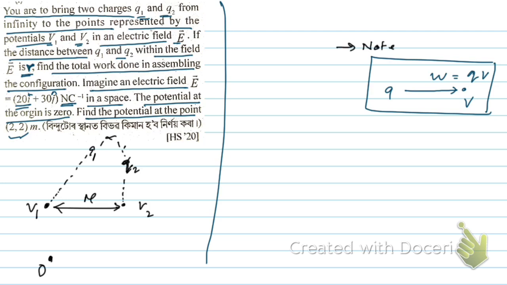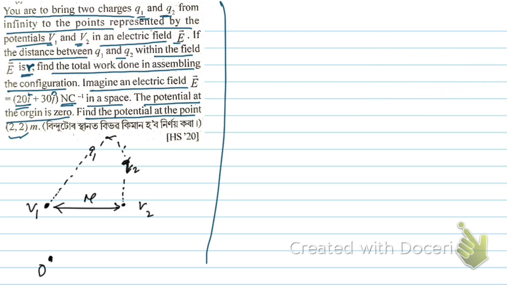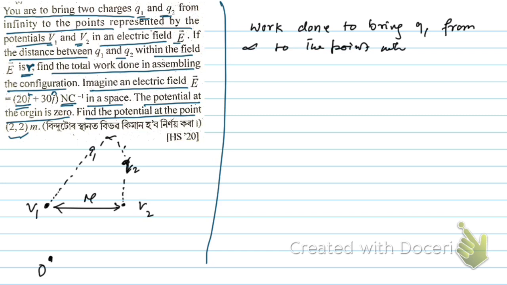Therefore, the work done to bring Q1 from infinity to the point where the potential is V1 is given by W1 equal to Q1 into V1.